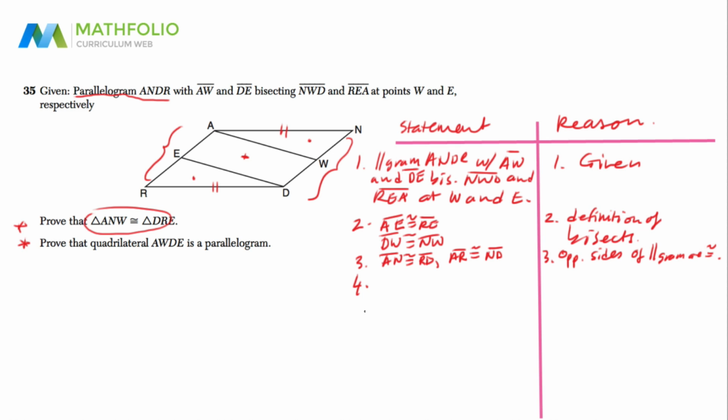Now our fourth statement could be about segment RE and NW. So RE and NW, those two are congruent. If you look, RE, which is right here, and NW are congruent.